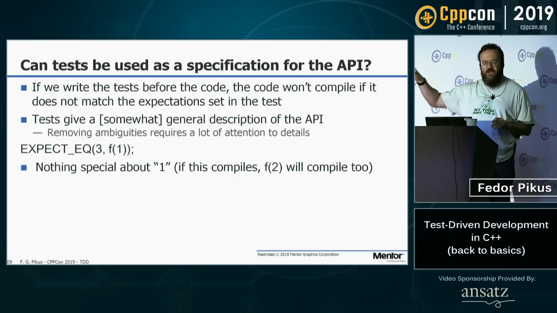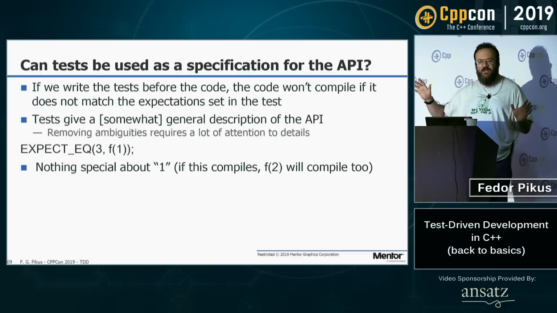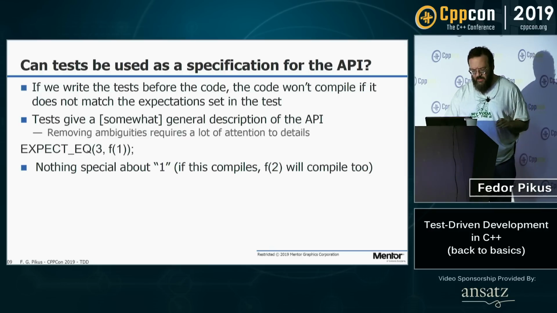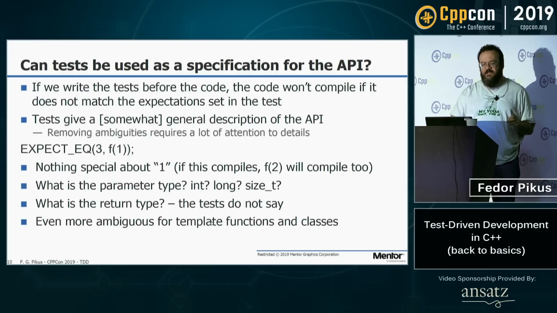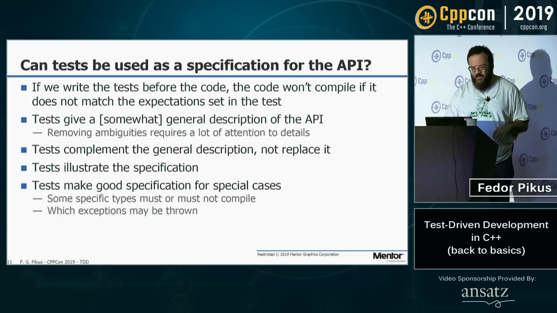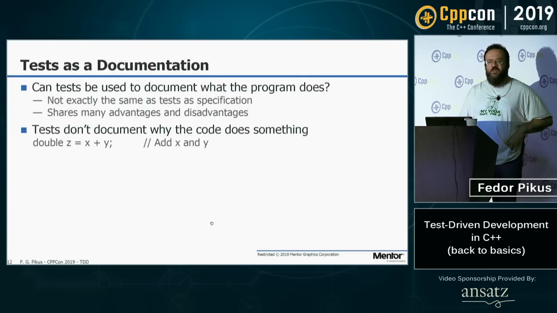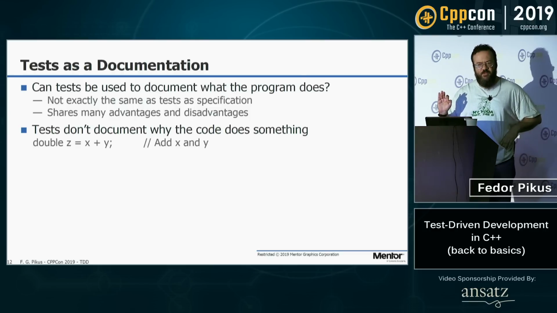That's kind of more complete knowledge than f(1) should return 3. If f(1) compiles, f(2) will probably also compile. But it doesn't tell us how big this int is, or maybe it's not an int at all, could be double. It doesn't say what the return type is. For templates, of course, it's even more ambiguous. So overall, not a good specification, but a very good complement to the specification.